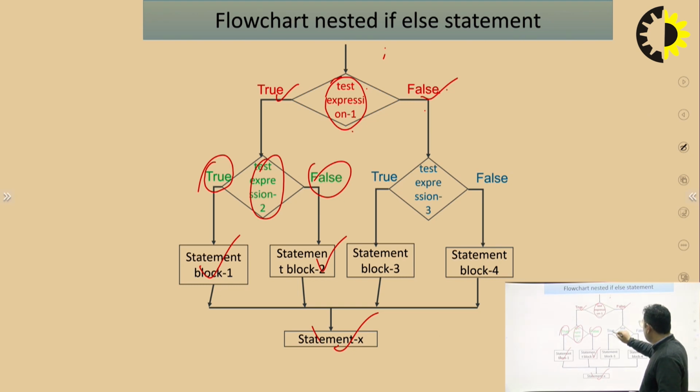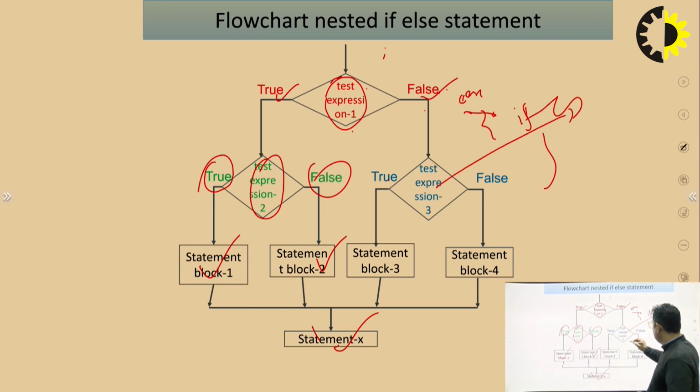In case of false, we can again have some set of conditions within this false block, meaning the else block, and then again an if expression, and it can evaluate as true or false. So this is the way of writing very complex logic in your programs and getting the result that you intended to build, right?